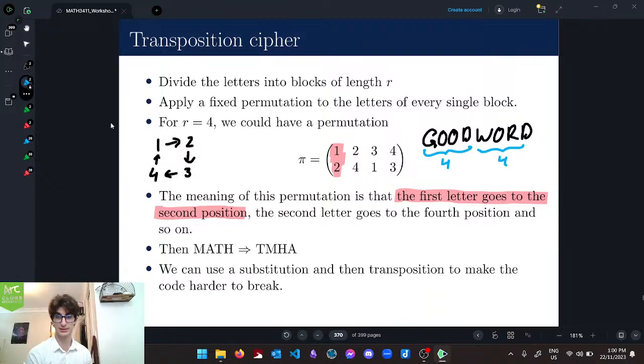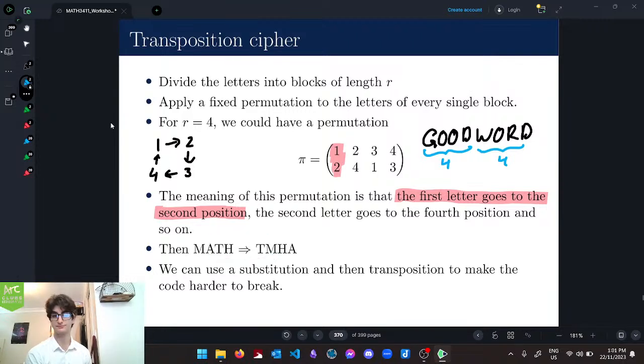What that means for us is that a message like math, well, the first position would go to the second position. M in the first goes to M in the second. What was originally in the second position, let me check if I've done this right. I think I've done this wrong.